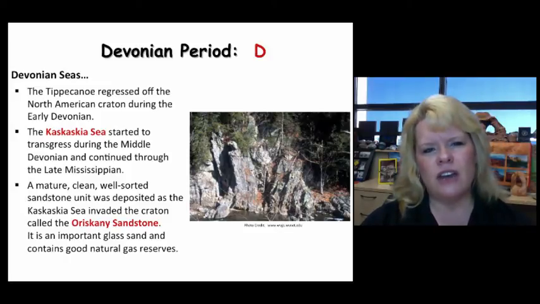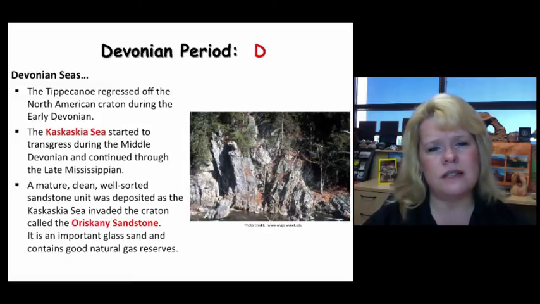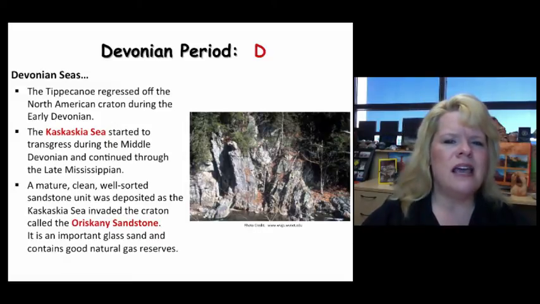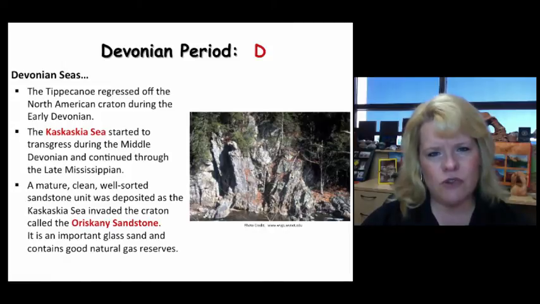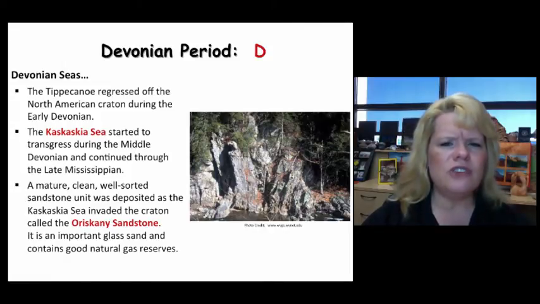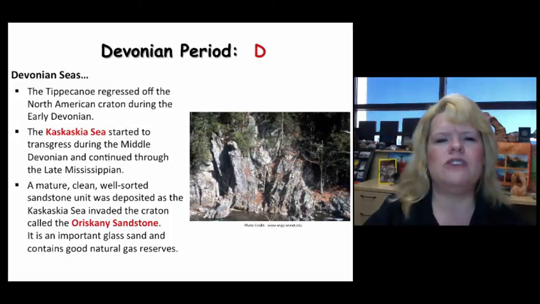So you have to find the unconformity that separates the two, between the Tippecanoe sequence and the Kaskaskia sequence. There are some difficulties with that process, and it's been one of those conundrums for geologists for some time: how can you tell the difference between the two?